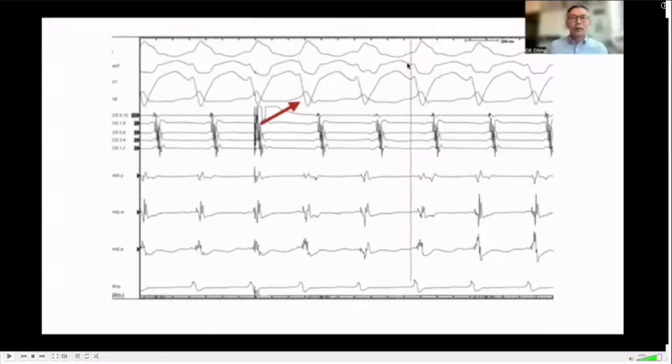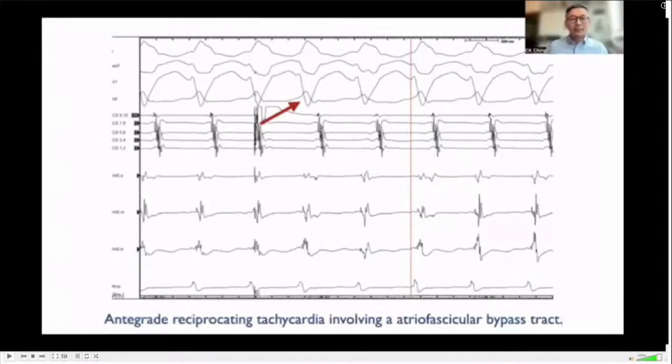In fact, when you draw a line from the onset of QRS all the way down, you will be able to discern that the ventricular EGM with the RV catheter placed along the RV septum is very early. This feature is consistent with an antegrade reciprocating tachycardia involving an atriofascicular bypass tract.